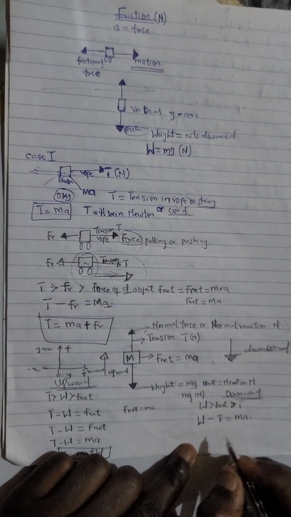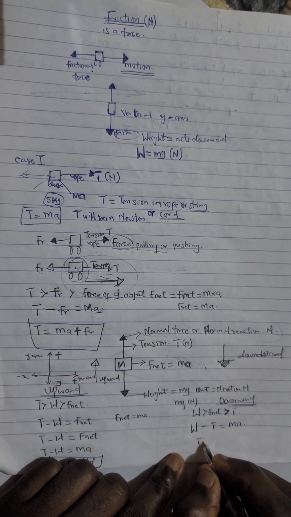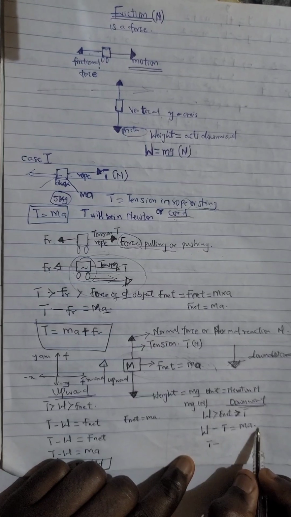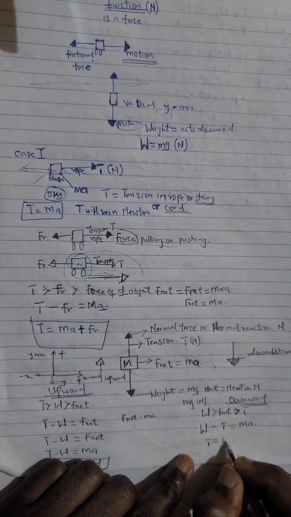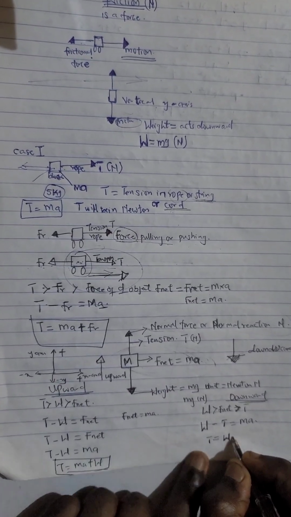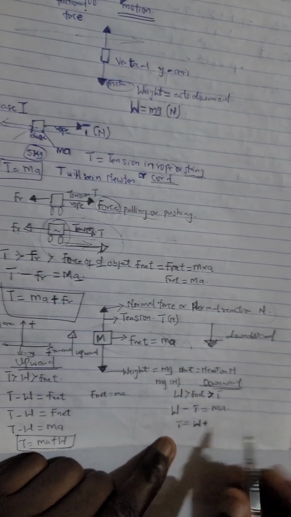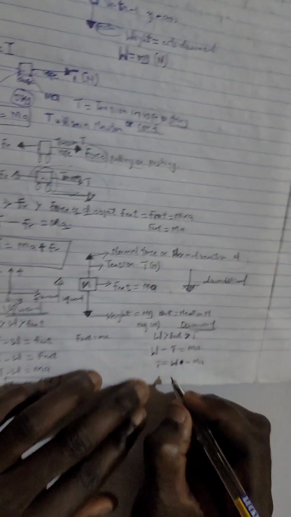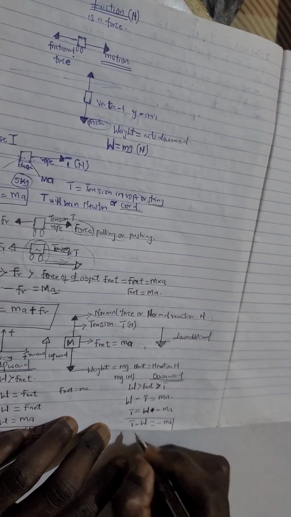Now, the tension will be, if this one comes here, the tension will be equals to W minus MA. That's what it means. Now it means that T minus W equals to minus MA. This is the second condition.